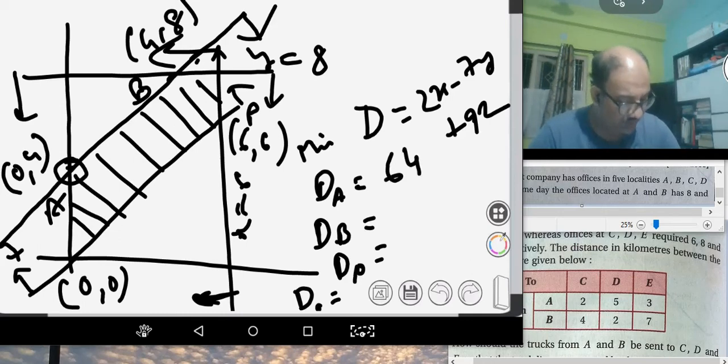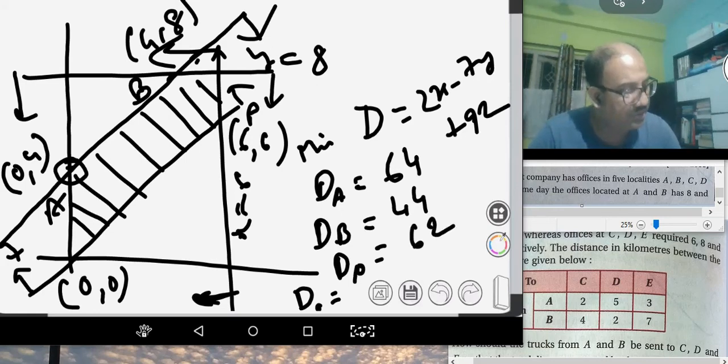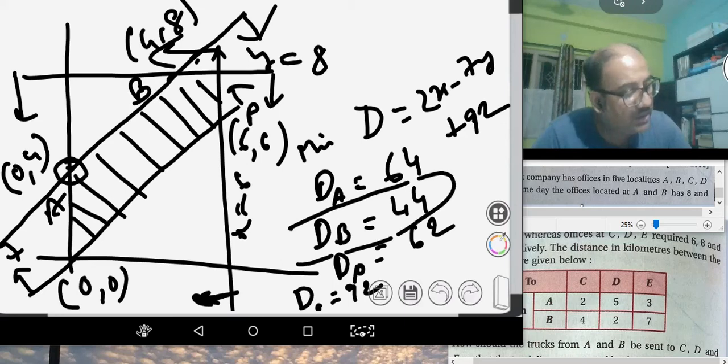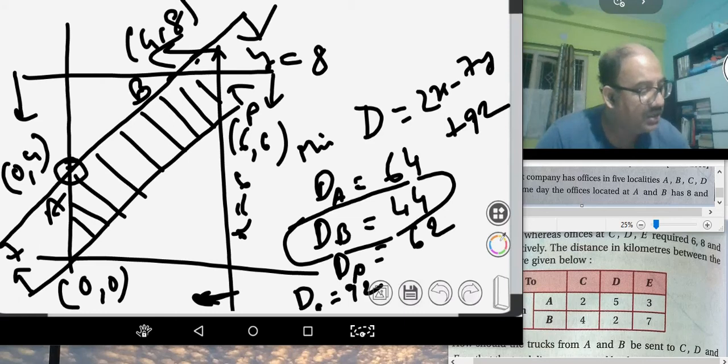The value of D at the point B, where x equals 4, y equals 8, becomes 44, and the value of D at the point P, 6 6, will be 62, and at the point 0 0 it will be 92. So we get the minimum value as 44, at the point B. Hence our solution becomes x equals 4 and y equals 8.